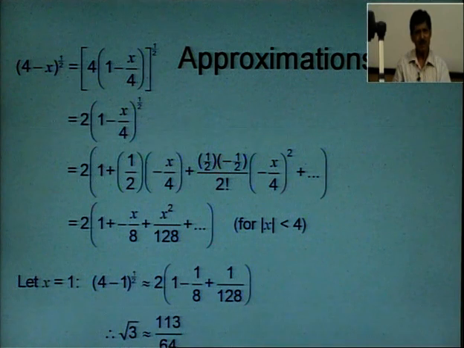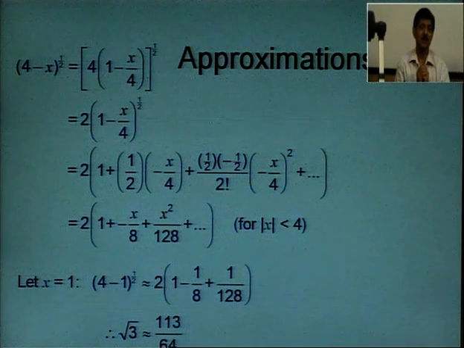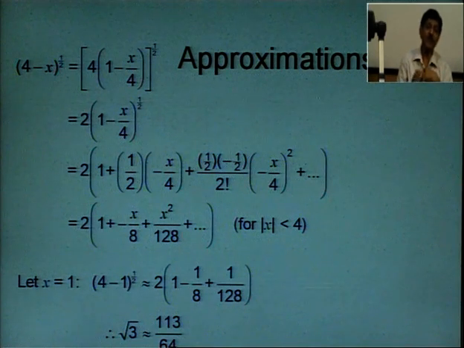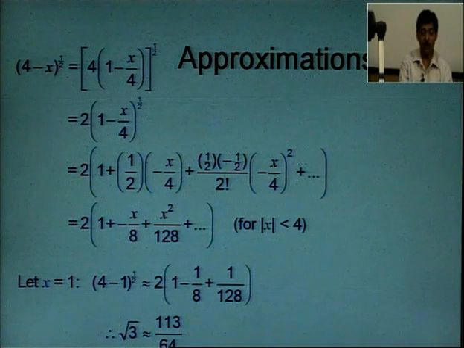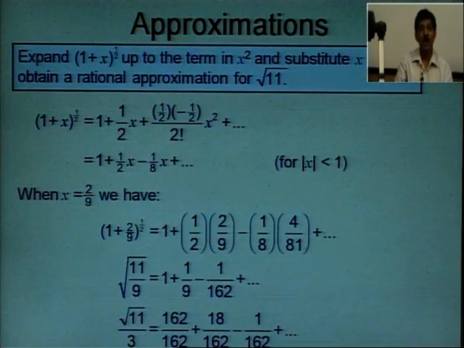And if I take the value of x as 1, the left hand side becomes 4 minus 1 raised to power half, and putting the value of x in the expression 2 into 1 minus x by 8 minus x square by 128, this I am approximating by 113 upon 64, and that was the approximation for square root 3.